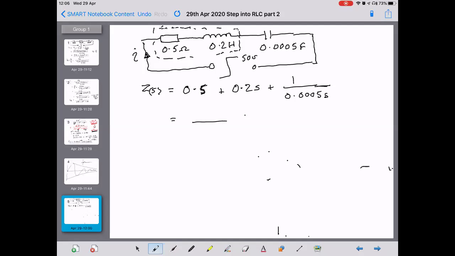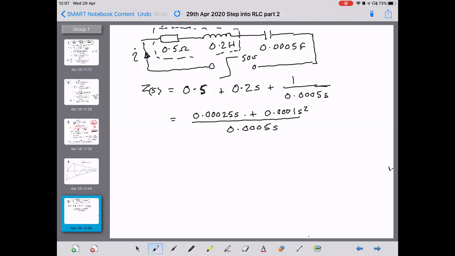What you should end up with is all over 0.305S, and up here, once you've multiplied it out, this is 0.5, 0.3025S plus 0.301S squared.